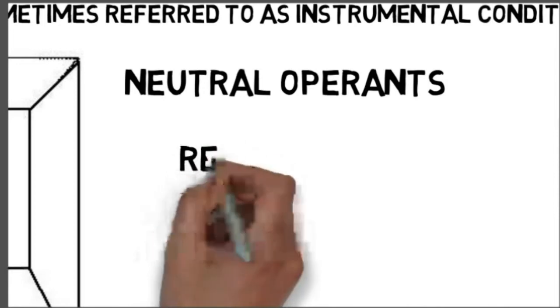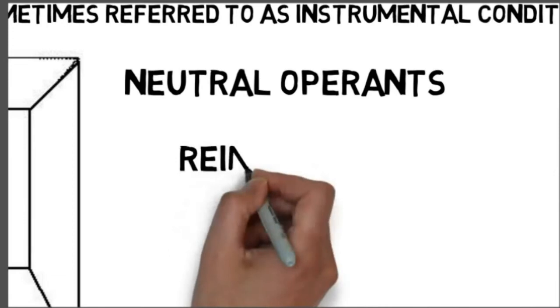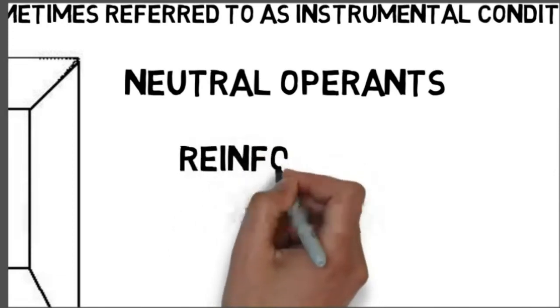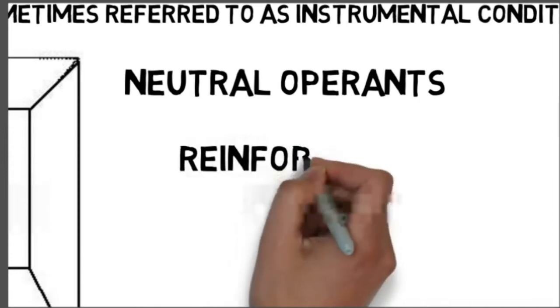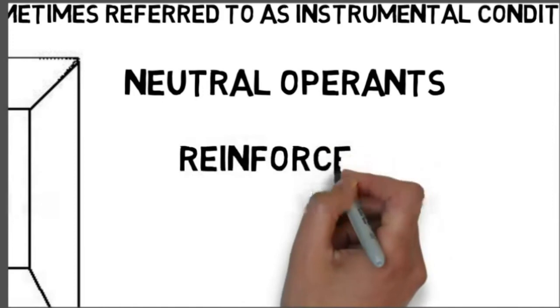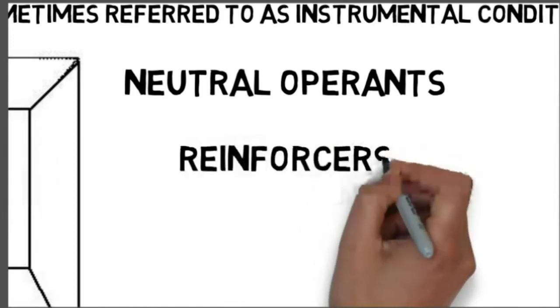And there are 2 main kinds of reinforcers. Positive reinforcers are favorable events or outcomes that are presented after the behavior. In situations that reflect positive reinforcement, a response or behavior is strengthened by the addition of something such as praise or a direct reward.